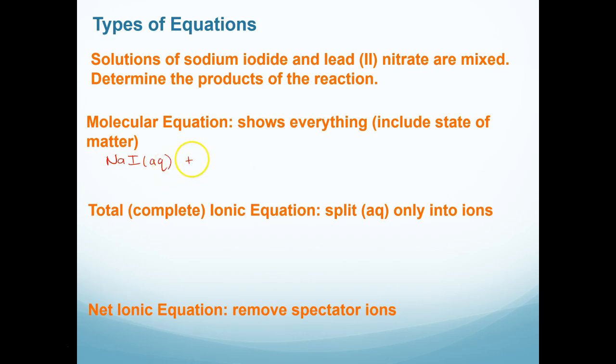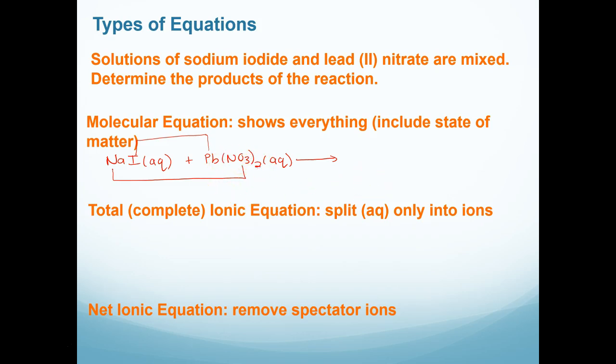And we're going to mix that with lead(II) nitrate. So I have lead, and I need 2 of the nitrates with a minus charge to balance it out, and it's also a solution. Now I want the sodium to pair up with nitrate ions, and I want the lead to pair up with iodide ions, keeping in mind that these subscripts don't transfer over.